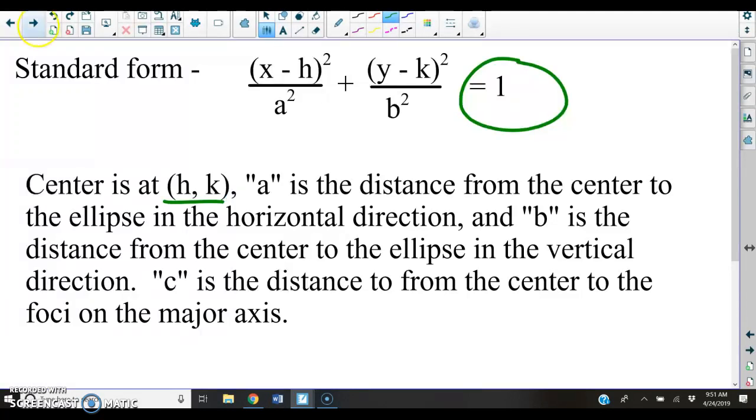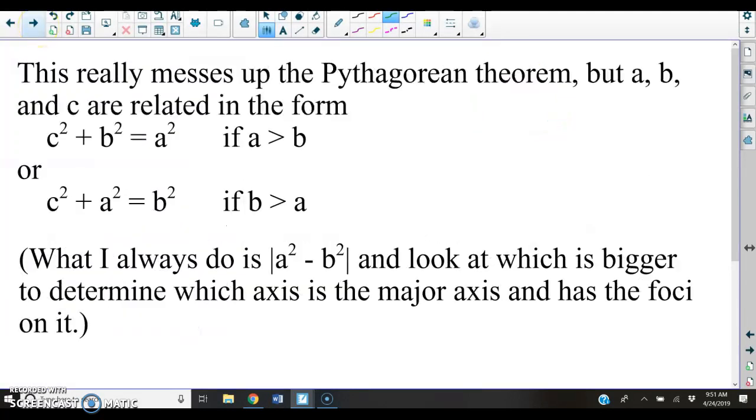Okay. Now, if you read the book, they're going to tell you a little different, but you can't reteach me this, and there's a lot of cool algebra in it. There is a relationship between A, B, and C, and it messes up the Pythagorean theorem something fierce, because we always want a squared plus b squared equals c squared. Well, the distance C from the center is shorter than the longer of the major axis or minor axis from the center.